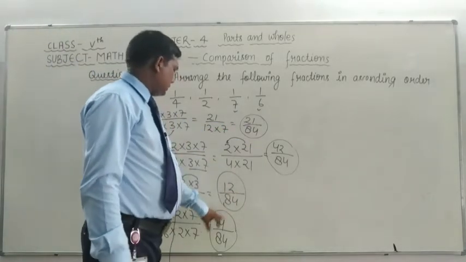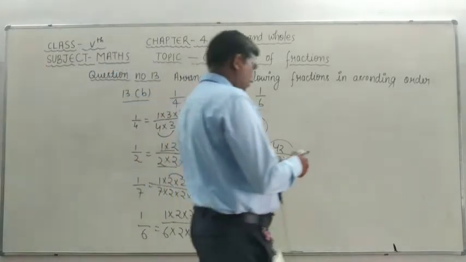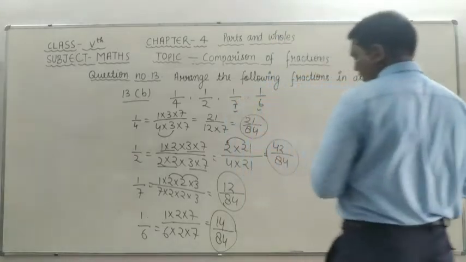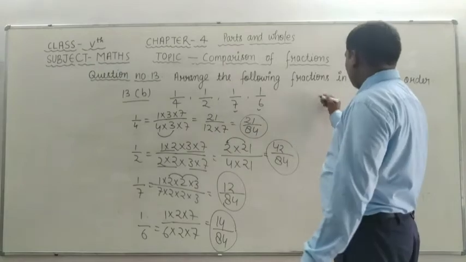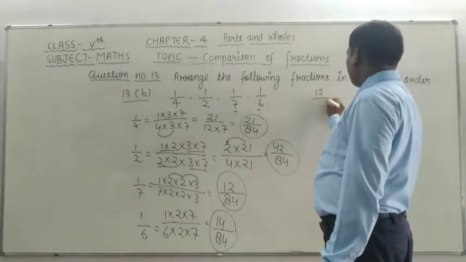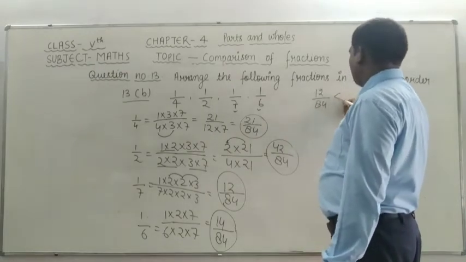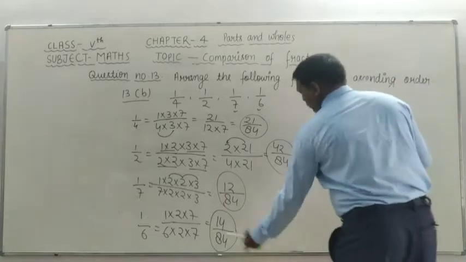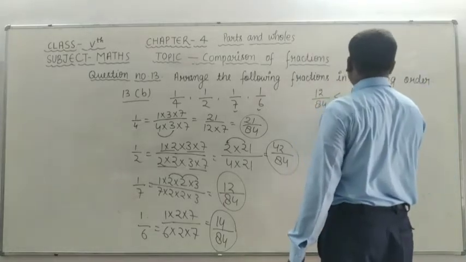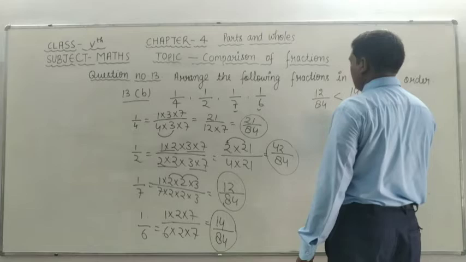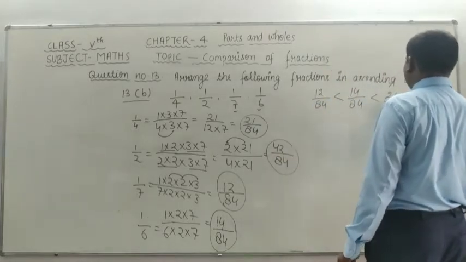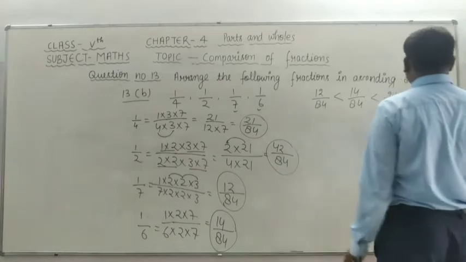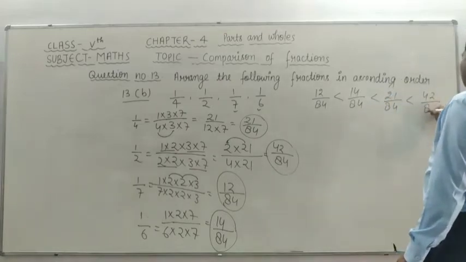Then we can write this in ascending order. Look here carefully. The smallest fraction is 12 over 84, less than 14 over 84, less than 21 over 84, less than 42 over 84.